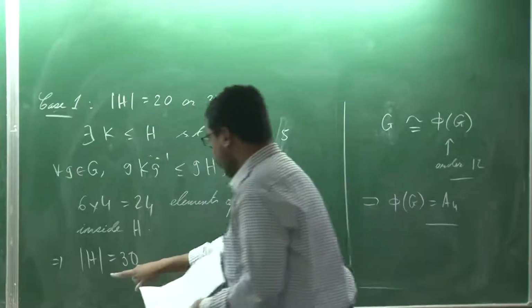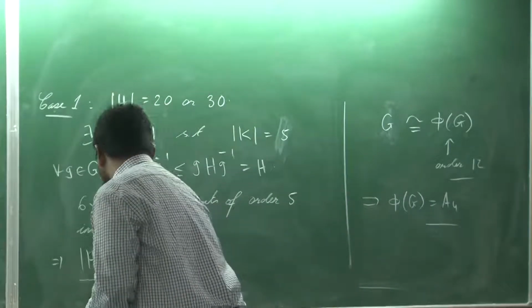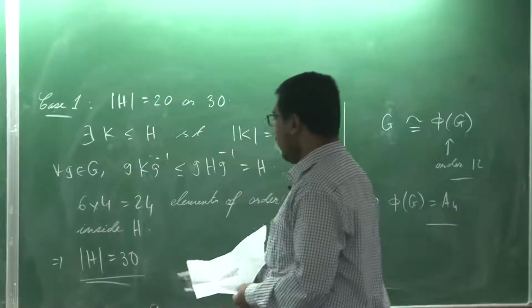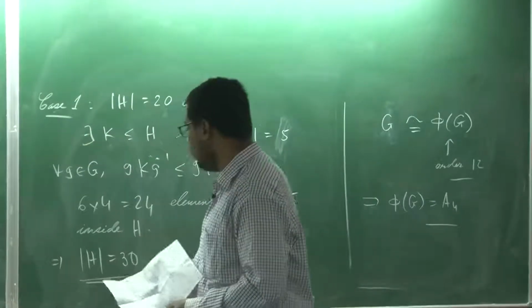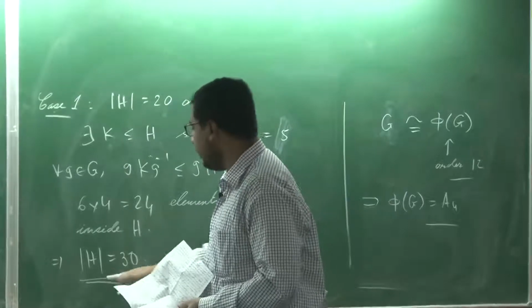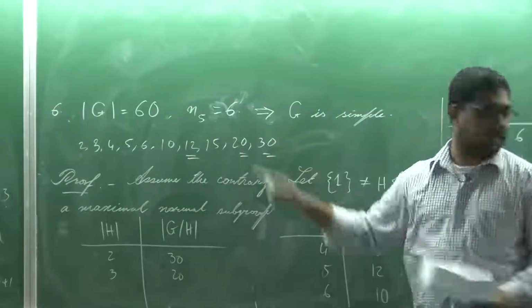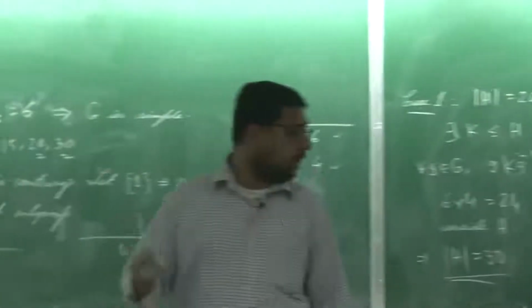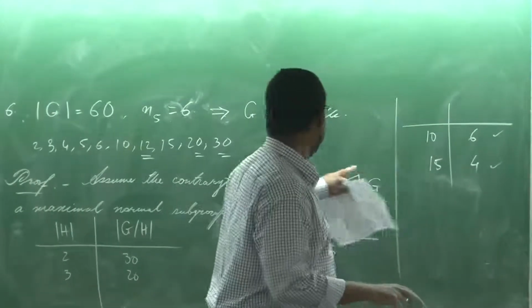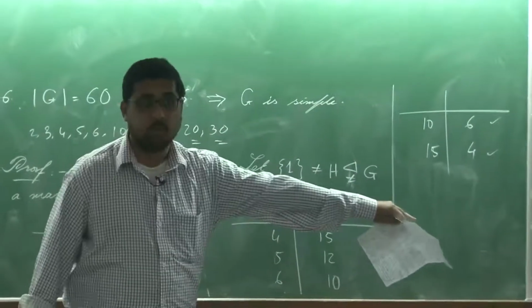Now, this is another problem. If H has order 30, then this group of order 30 contains 6 Sylow 5 subgroups.